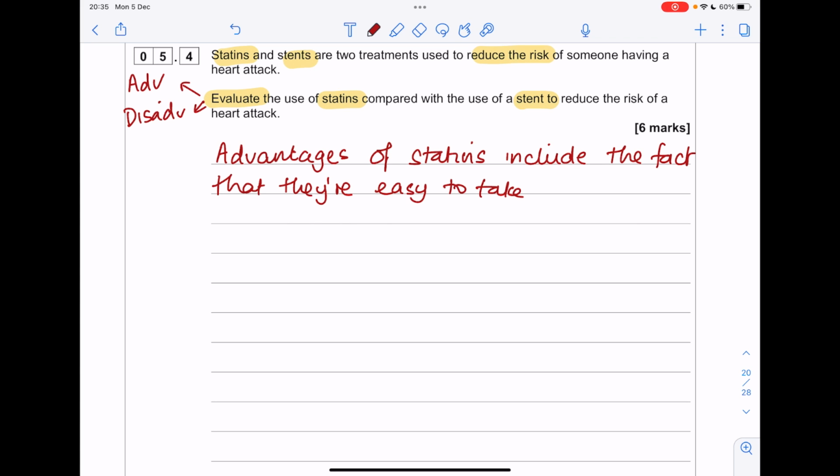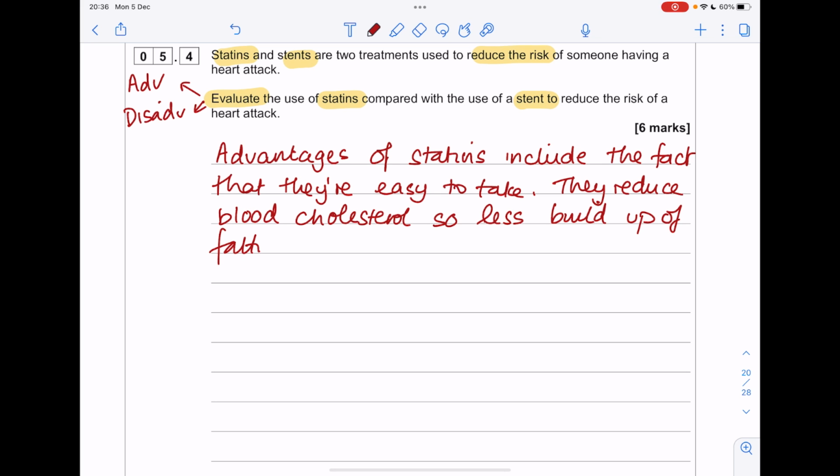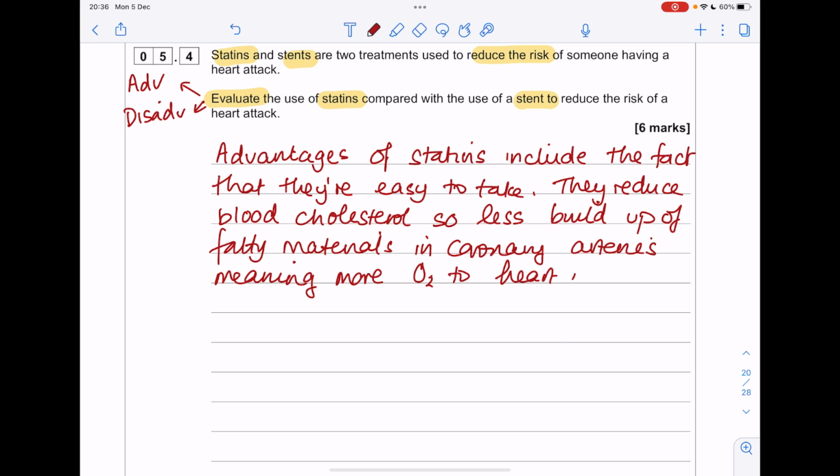They're used to reduce blood cholesterol, which therefore helps reduce the buildup of fatty materials in the arteries. And remember, it's that obstruction which leads to heart attacks. So effectively, they are good at reducing your risk of a heart attack.